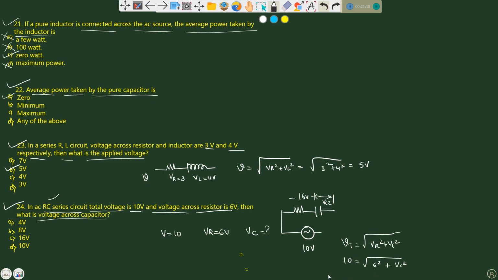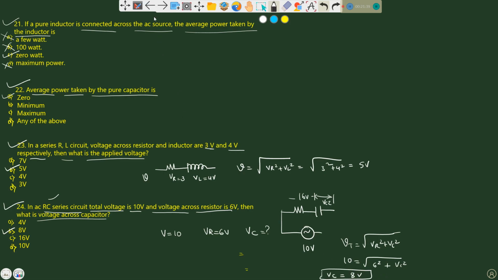You will get Vc as 8 volts. The squares come this way: 10 square becomes 100 and 6 square is 36. 100 minus 36 you will get 64, and under root of 64 is 8 volts.